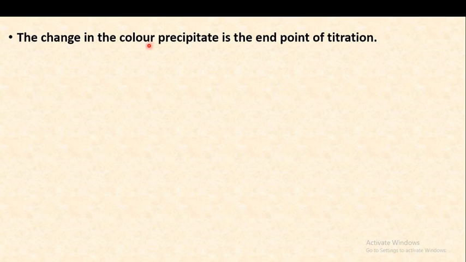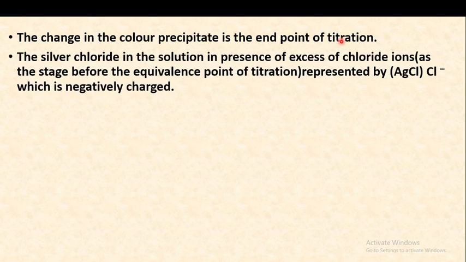The changing color of the precipitate is the end point of the titration, because here we had a white precipitate. The color changes, and that color change is the end point of this titration.